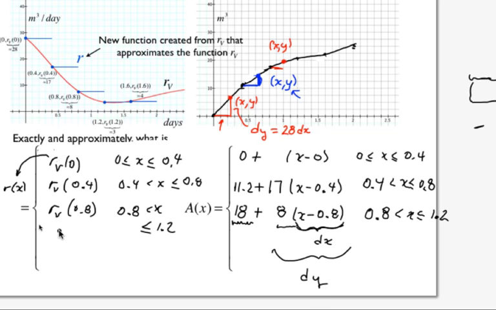R of x from 0 to 0.4 is RV of 0. So that's what we need. So all we need to do here is put R of x. And that's that constant rate, right? It's that constant rate in the first interval of RV of 0. What about in the second? R of x, right? So this is why we defined R of x, so we can just easily use it. It will change as we need it to change, right? It will change and be the right constant rate as we need it to.